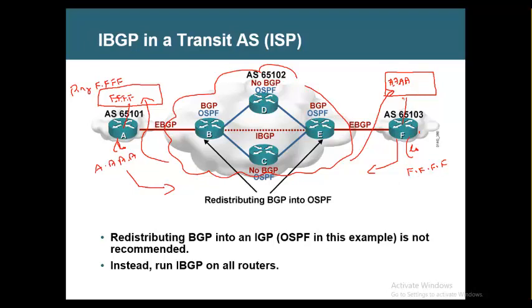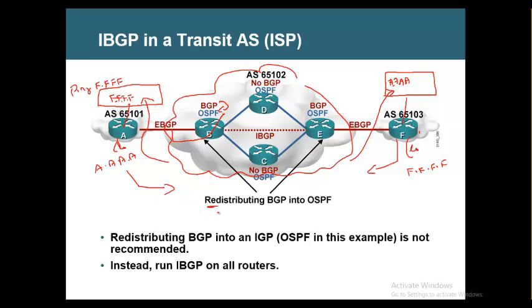Let's see how the middle autonomous system can provide the service. One way, what some people do, is they take routes from BGP and distribute them into OSPF.